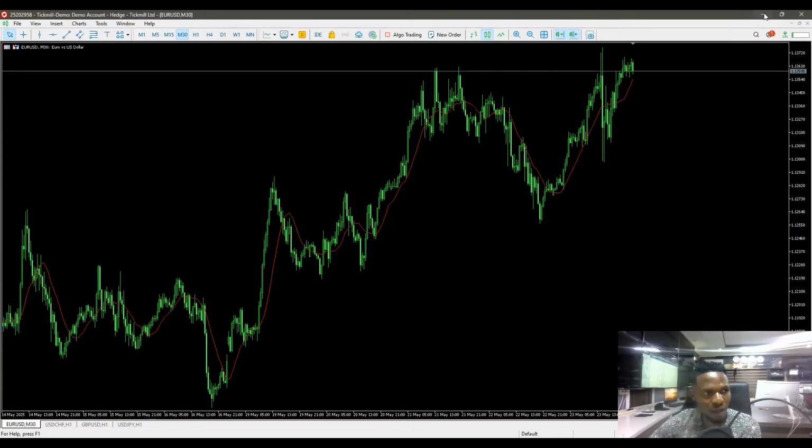Two, three of them can come together and show that price is changing direction. That's why they call it a candlestick pattern or candlestick formation. So we have bullish formation and we have bearish formation.